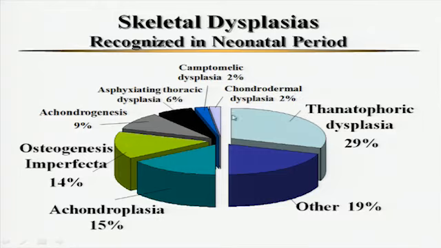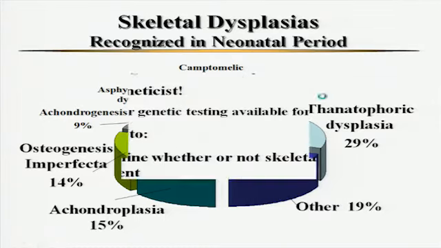This gives you a nice little pie chart of the chances, if you suspect a skeletal problem, that it's going to be thanatophoric, achondrogenesis, or osteogenesis imperfecta.